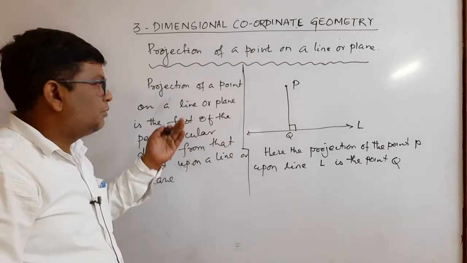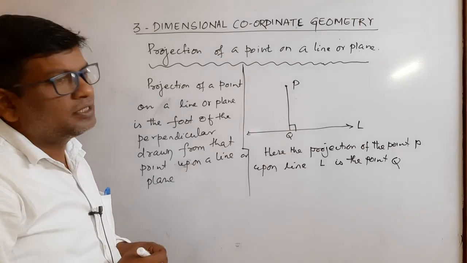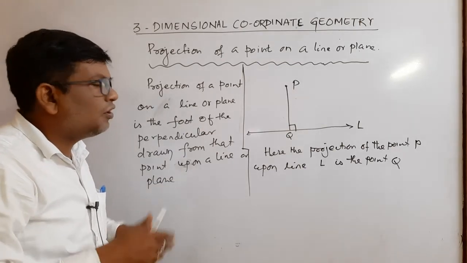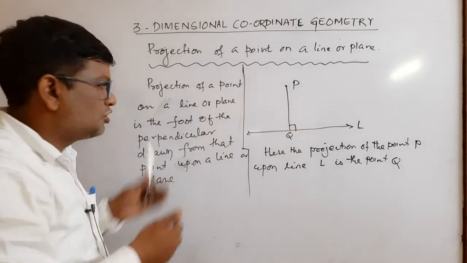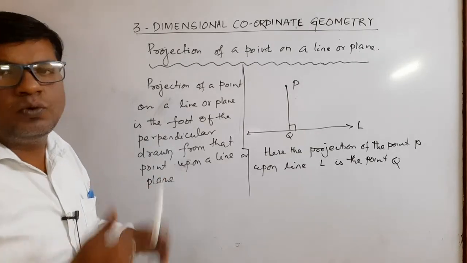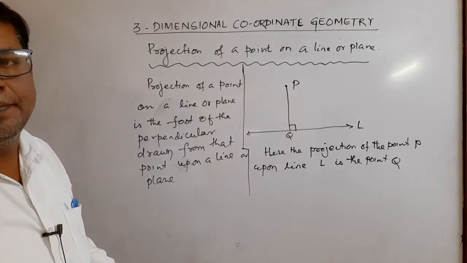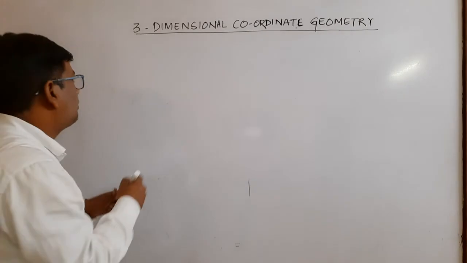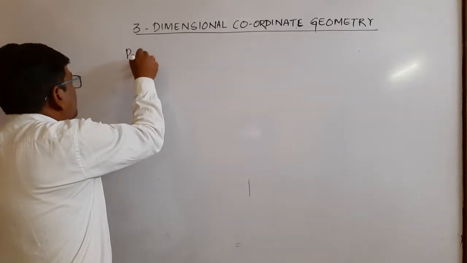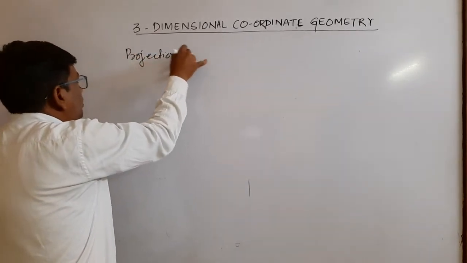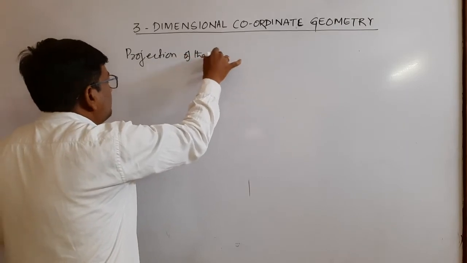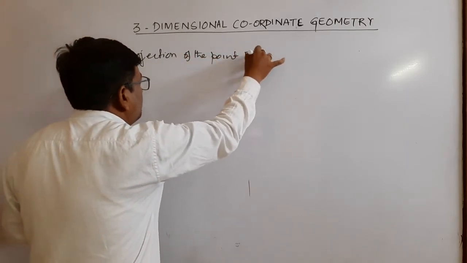Before discussing the projection of a line segment, what is the projection of the point x, y, z on the x-axis? Let's discuss projection of a point on the coordinate axes. Suppose P is (x, y, z).